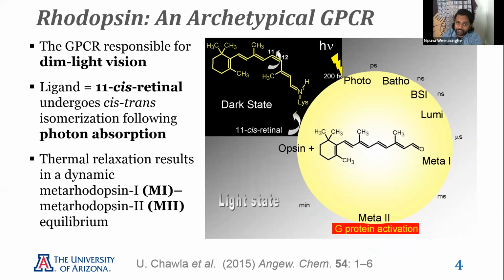During the activation process, the chromophore retinal in 11-cis form is photoisomerized into all-trans form, and this triggers a cascade of conformational changes and establishes a dynamic equilibrium between metarhodopsin 1 and metarhodopsin 2 conformational states. Metarhodopsin 1 actually has no ability to activate G protein. However, metarhodopsin 2 is the active form that can activate the G protein transducin.